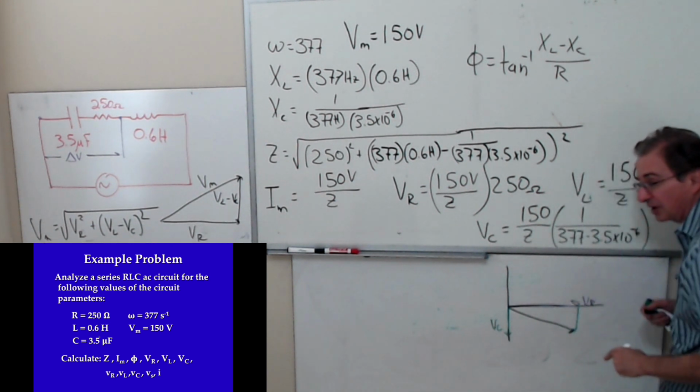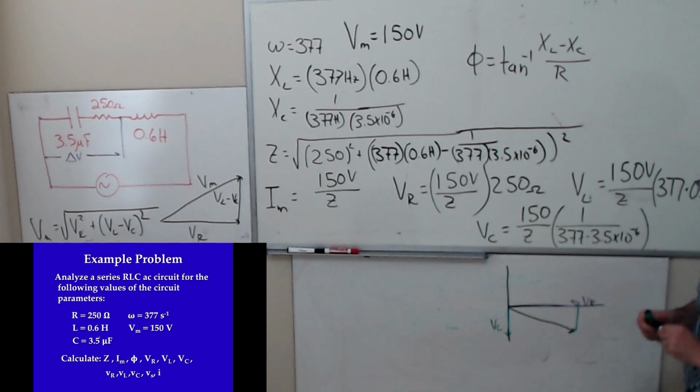This square plus that square, then take the square root. You see that?